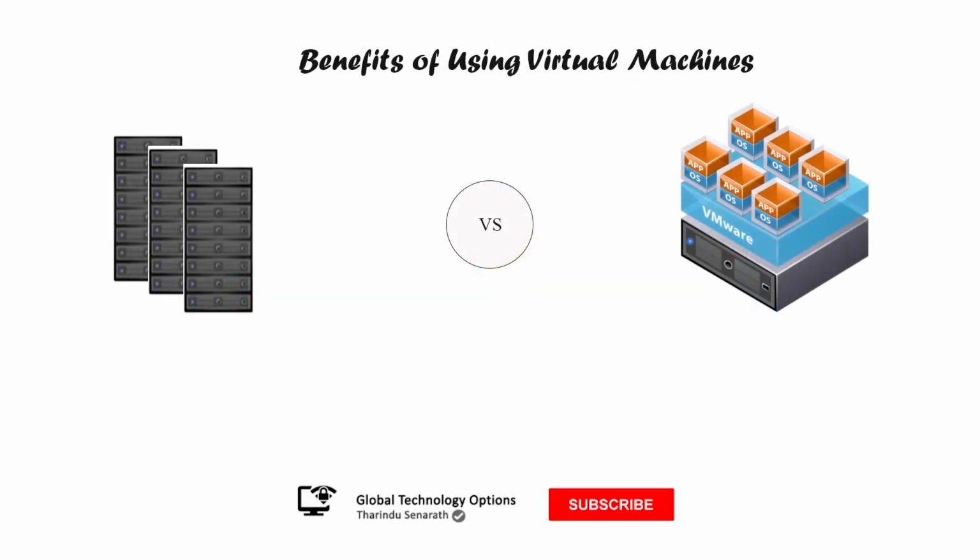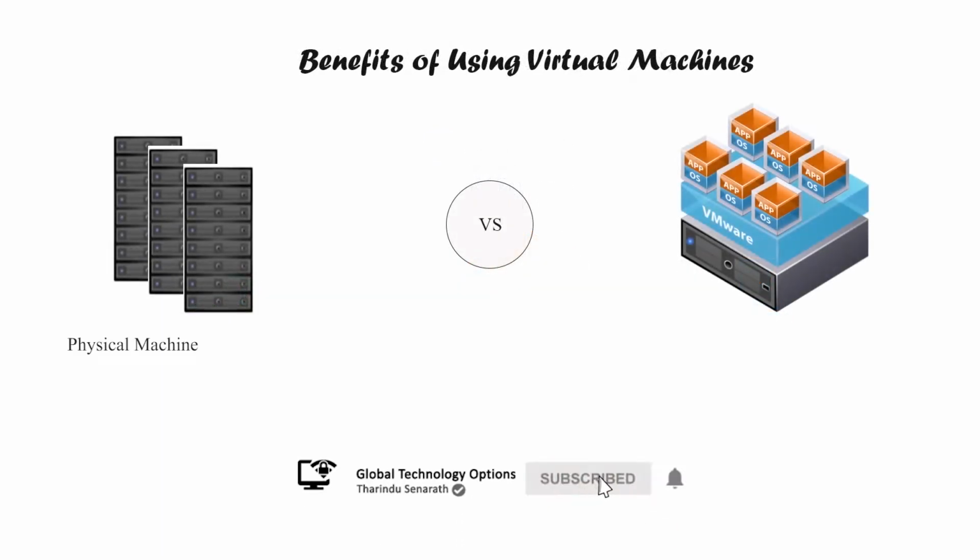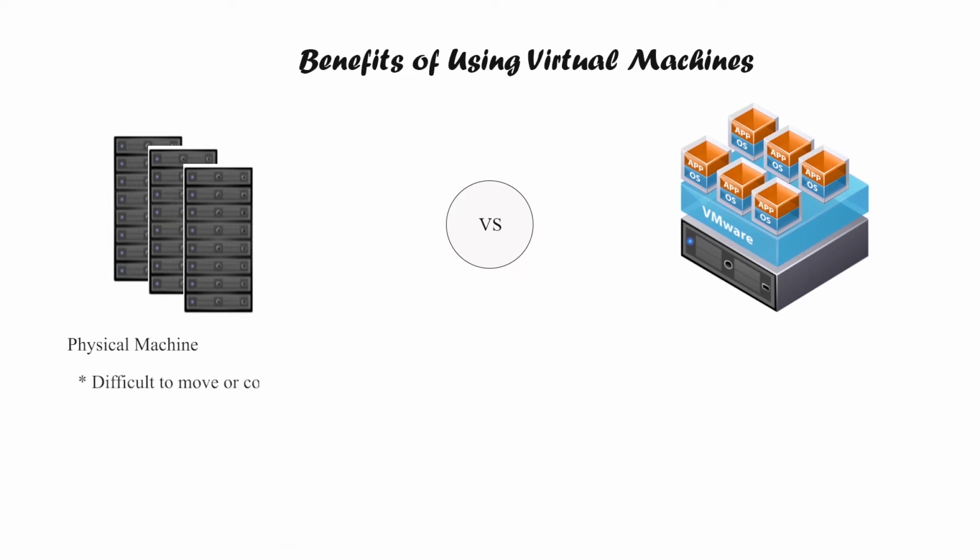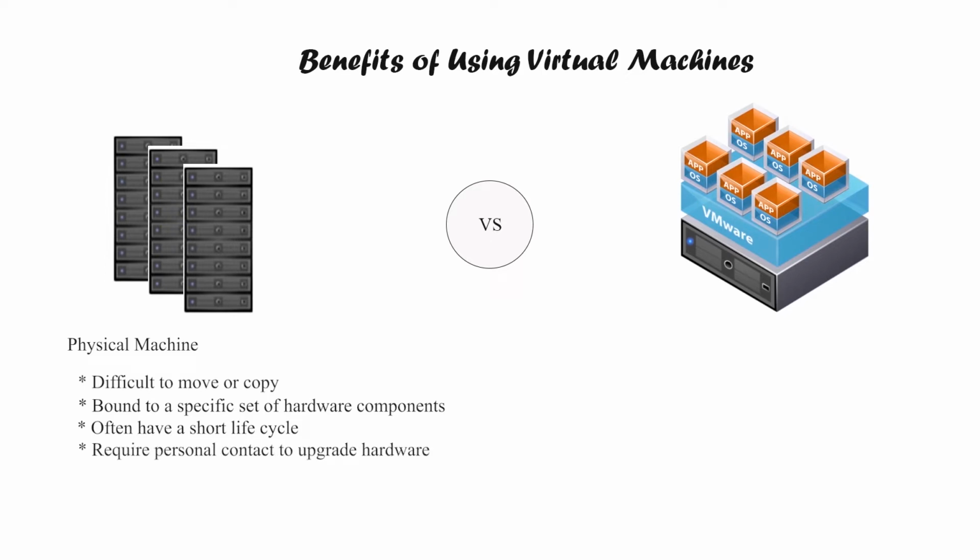What are the benefits of using virtual machines? In a physical machine, the operating system, for example, Windows or Linux, is installed directly on the hardware. The operating system requires specific device drivers to support specific hardware. If the computer is upgraded with new hardware, new device drivers are required.